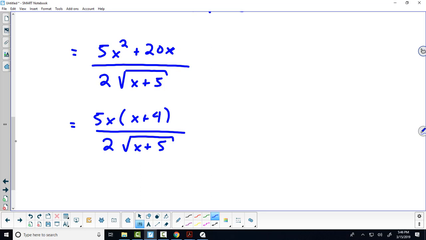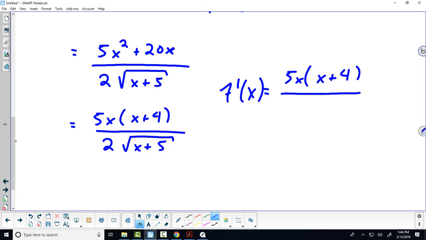Okay. So now I want to go ahead and find the critical numbers now that I've found the derivative. So again, we said f prime of x, I'd just like to recopy it. F prime of x is equal to 5x times x plus 4 divided by 2 radical x plus 5. So we have critical numbers where f prime of x equals 0. Well, when does that happen?